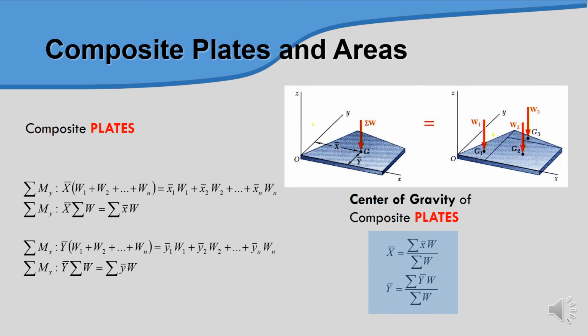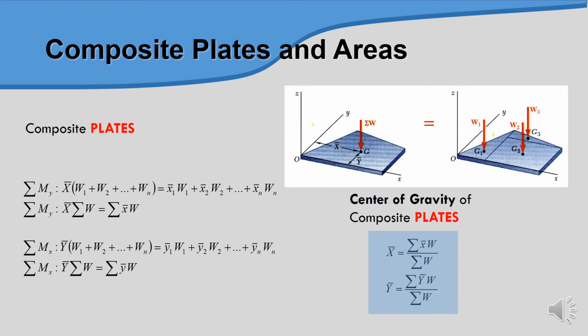Here we can see a composite is basically a combination of common shapes. Once you have a composite plate, we divide it into certain common shapes, whereby we can use the formulas from the common shapes to solve this problem.